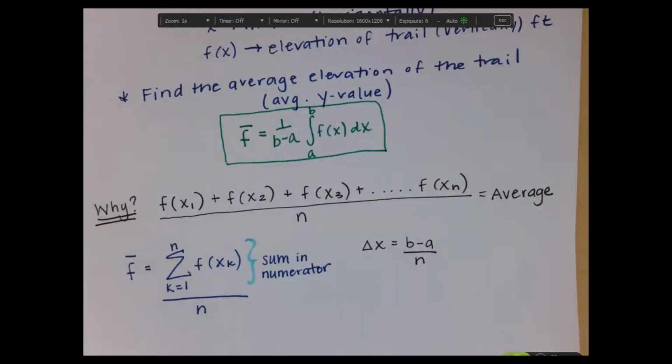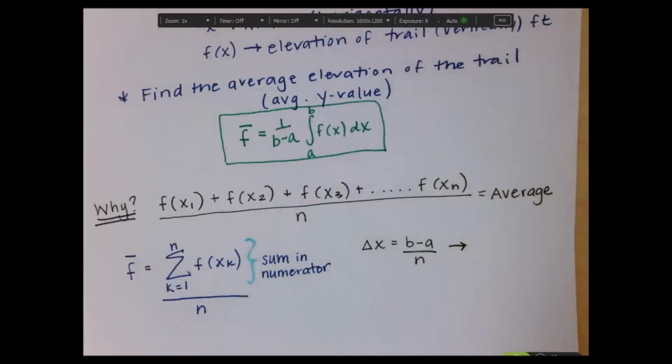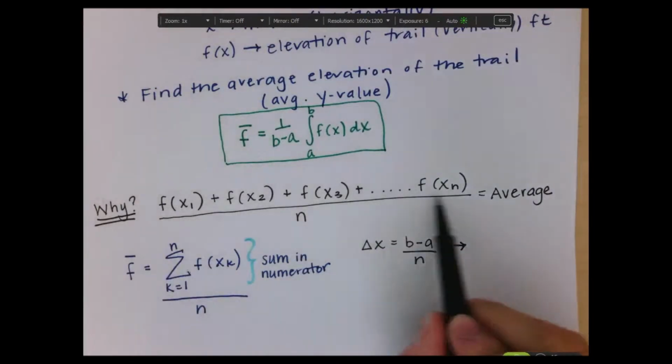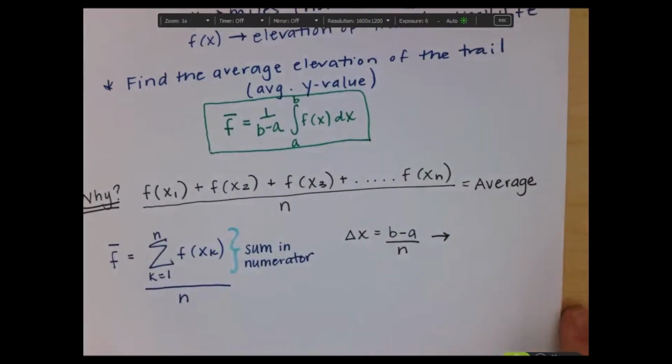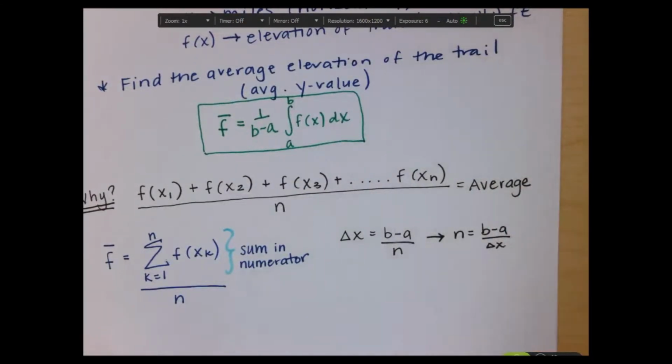We have that formula, so we want to isolate the n. We want to find out what is n. How many of these values should we have? And so n is going to equal b minus a over delta x.